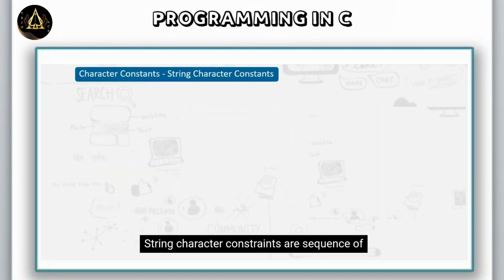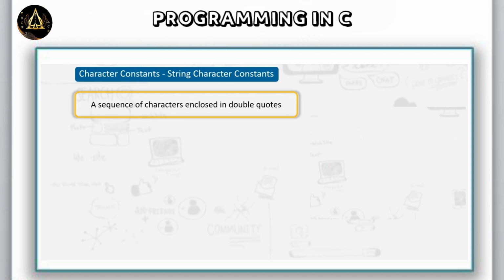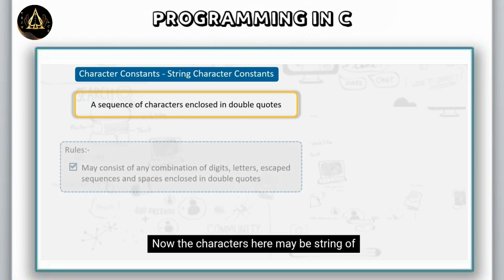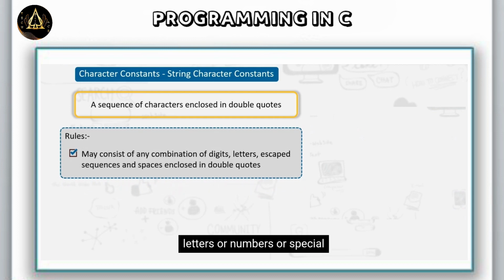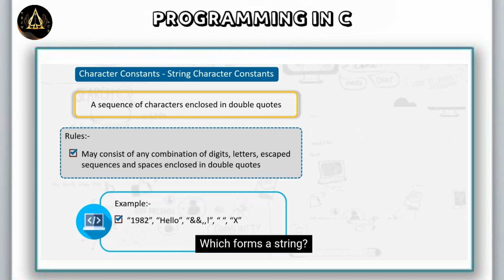String character constants are sequences of characters which are enclosed within double quotation marks or double inverted commas. The characters here may be a string of letters or numbers or special characters or a combination of any of these. You can also have multiple blank spaces within the double quotation marks, which forms a string.